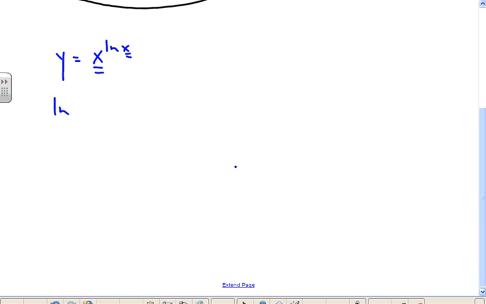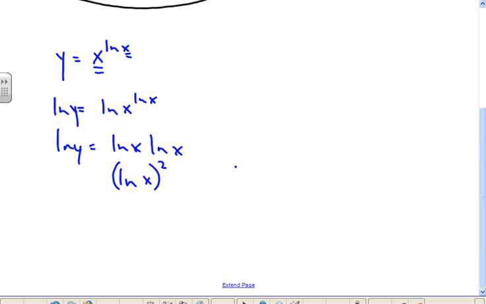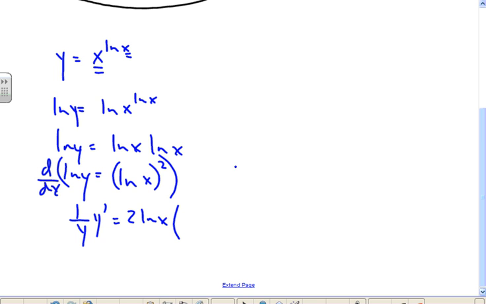So we're going to first change this around a little bit by taking the natural log of both sides. When we do that, we can use the properties of logs and move the natural log of x in front, and now we have natural log of x times natural log of x, which is natural log of x squared. Now we can take the derivative with respect to x of both sides: 1 over y times y prime equals 2 natural log of x times the inside, which is 1 over x.